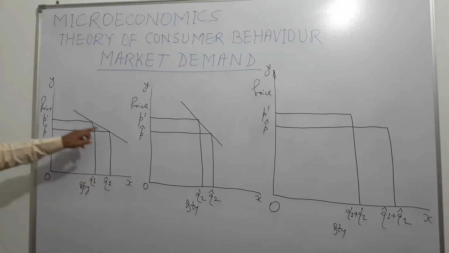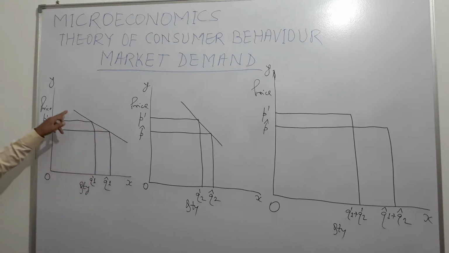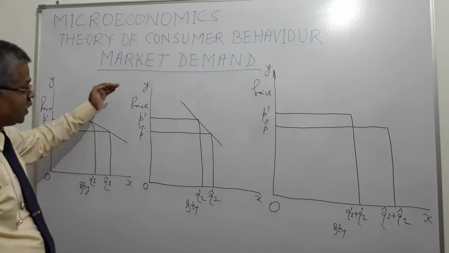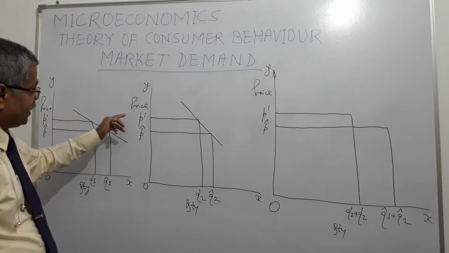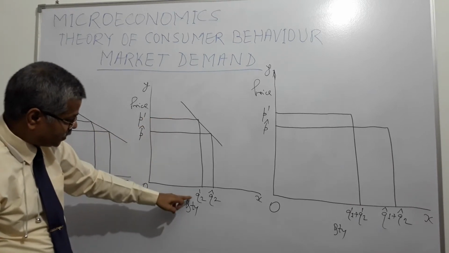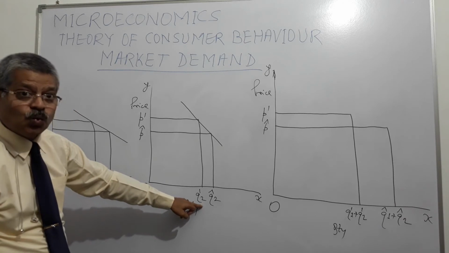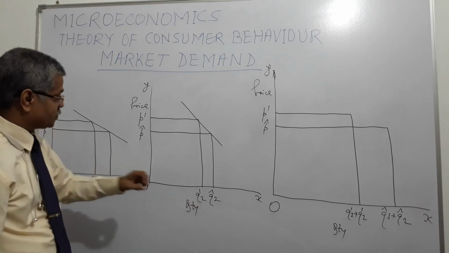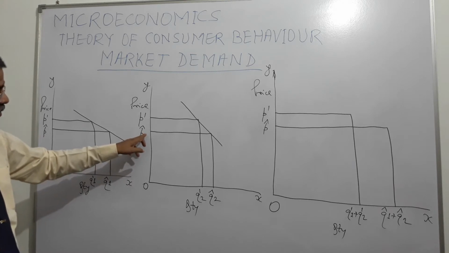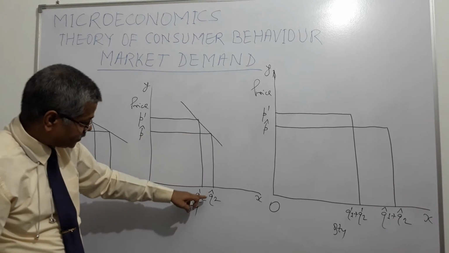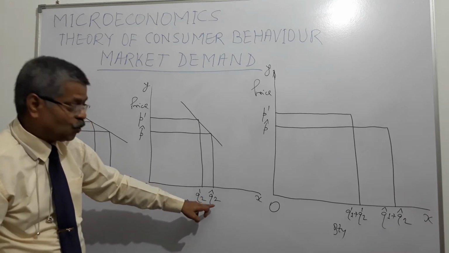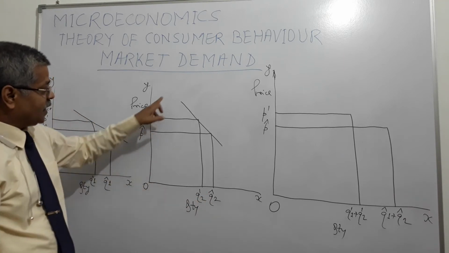This is the demand curve. Another consumer: at price P prime, this consumer wants Q prime 2 quantity of goods. At the slightly lower price level P hat, the consumer wants slightly more, Q hat 2.